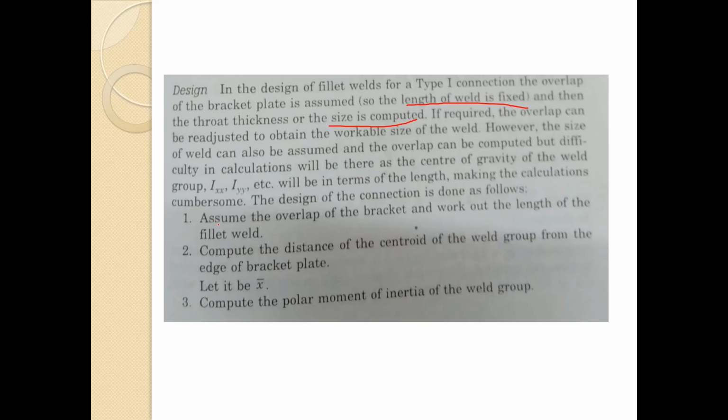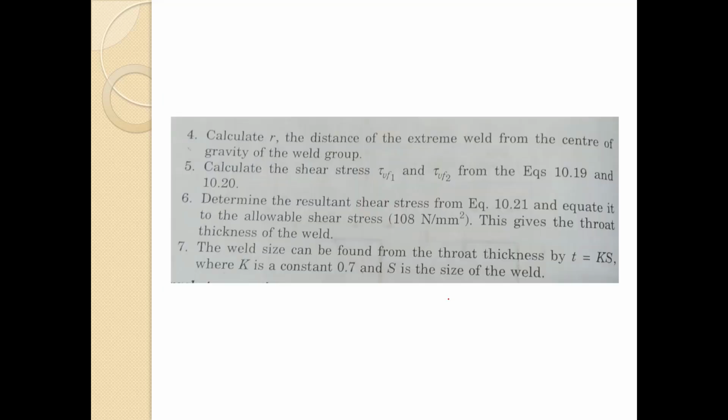So first step, assume the overlap of the bracket and work out the length of the fillet weld. Compute the distance of the centroid of the weld group from the edge of the bracket plate, let it be x bar. Compute the polar moment of inertia of the weld group. Then calculate r, that is the distance of the extreme weld from the center of gravity of the weld group.